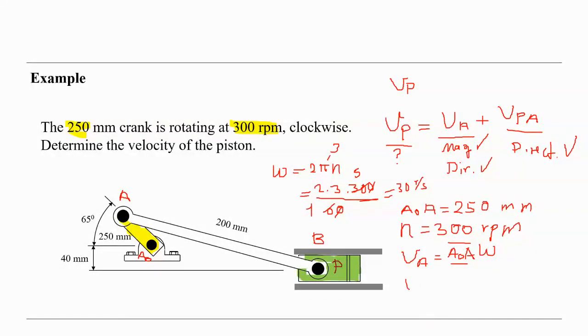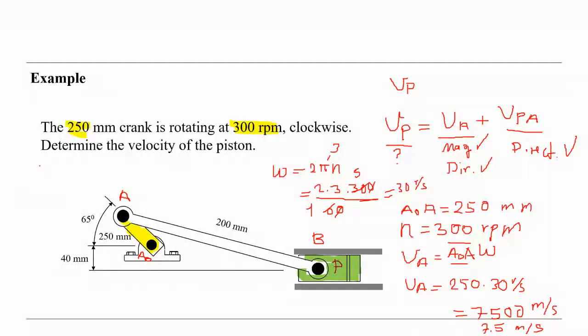So then we can calculate VA. The length is 250 millimeter, and the omega is 30 radian per second, and this is equal to 7,500 millimeter per second, or 7.5 meter per second.